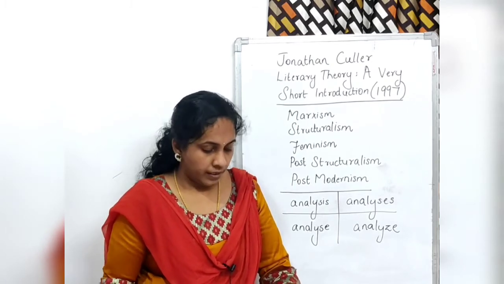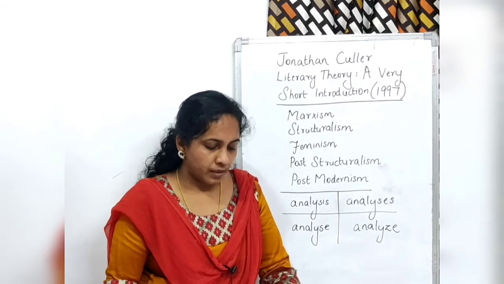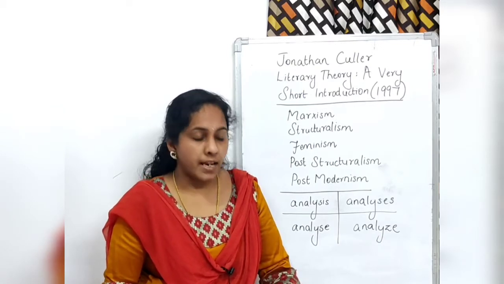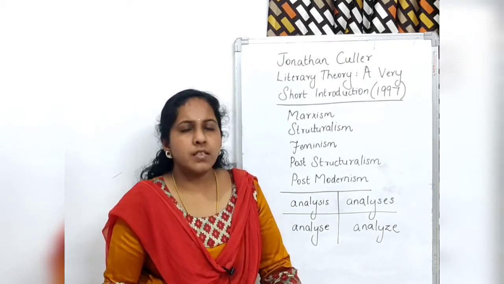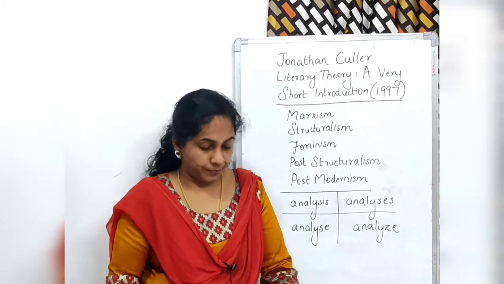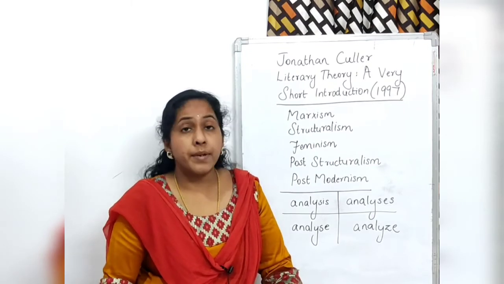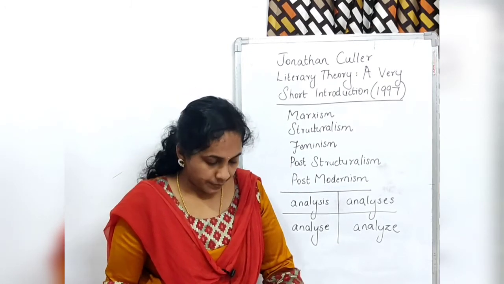Jonathan Culler, in his Literary Theory: A Very Short Introduction, published in 1997, offers a simple exposition. Exposition means explanation. Jonathan Culler is an American literary critic.